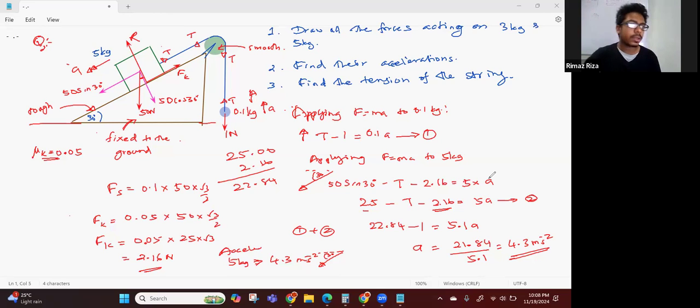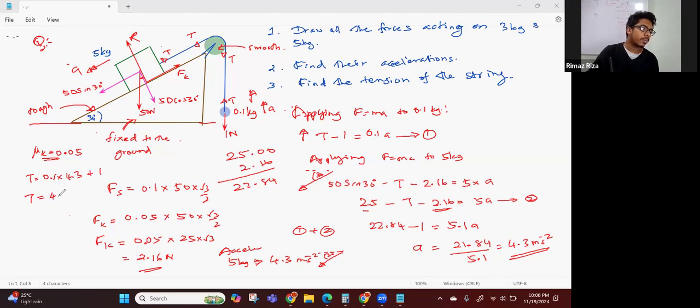And then you can substitute the value of A in equation 1 to find the T. So therefore tension T equals 0.1 into A, which is 4.3. Minus 1 goes to the other side, so plus 1.